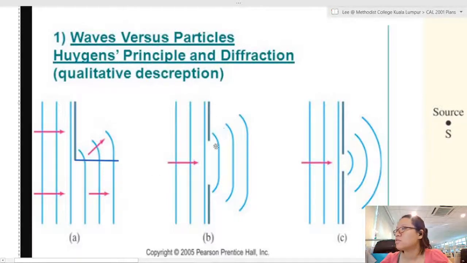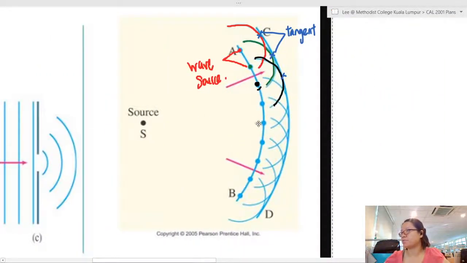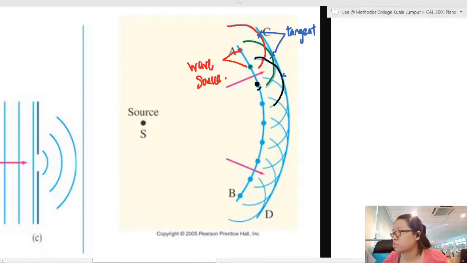Okay? So the reason why there's some form of spreading is because, let's say I have a wave, this is the original point, and this is my wave source. I'm just going to randomly choose a point and change the color so it's more obvious. I'm going to choose this point as my wave front. You know waves travel out in circular patterns, right?